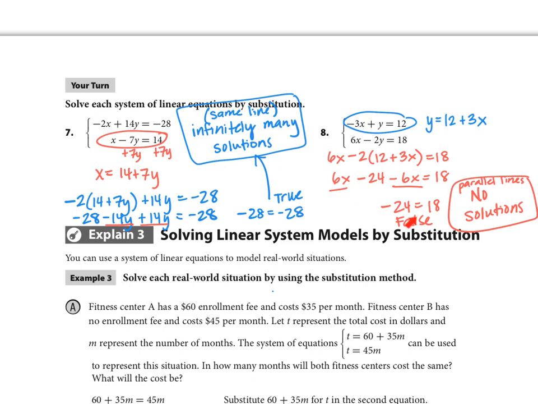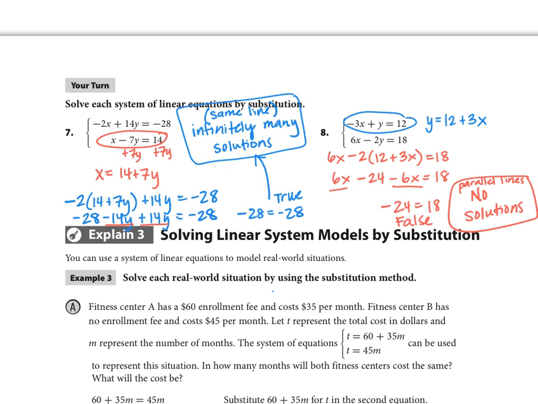I went through and I ended up with this false statement, negative 24 equals 18. And that tells us that there are no solutions. Now, thinking about that in terms of a graph of both lines, that means they're not going to intersect. There's no point on one line that's also on the other line. So they have to be parallel lines because they're never going to intersect and never going to touch.